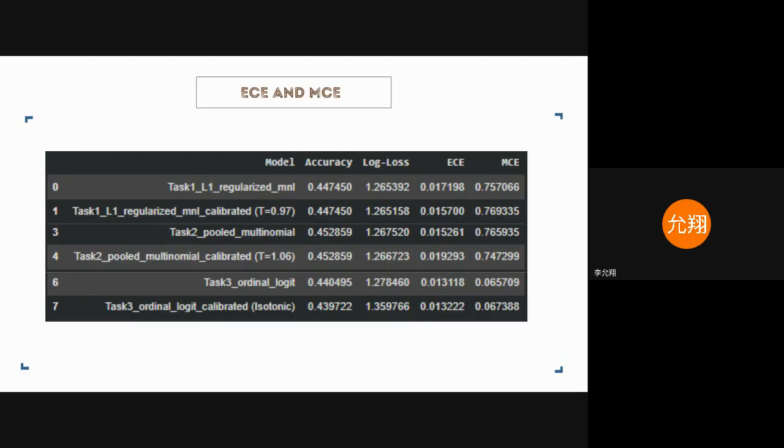Log loss, ECE and MCE reflect how well the predicted probabilities align with reality. For the L1-regularized multinomial model, temperature scaling slightly improves the log loss and ECE. However, the MCE goes slightly upward because of the low sample counts in some bins.